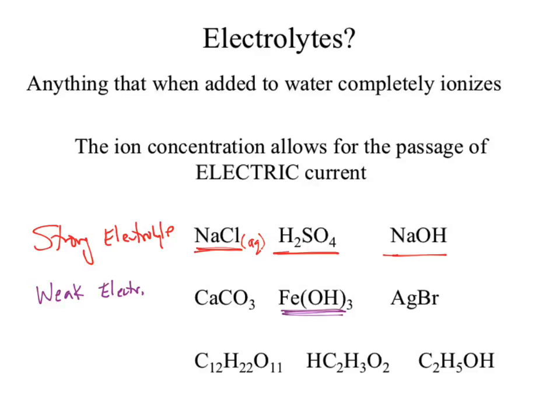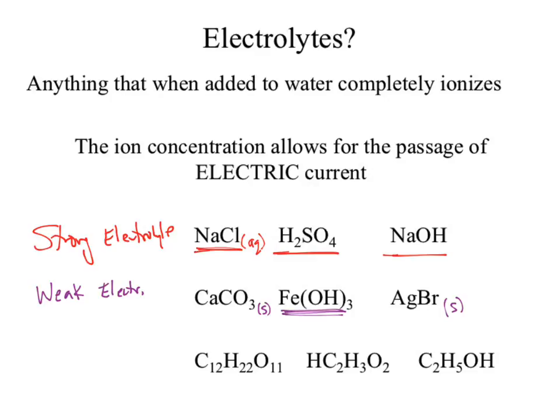What do we need to use? Our solubility rules. And when we look up the solubility rules, what do we find out? They are insoluble, which means they don't dissolve, which means they don't ionize, which means they're not strong electrolytes. They are, because I kept talking over you, weak electrolytes.